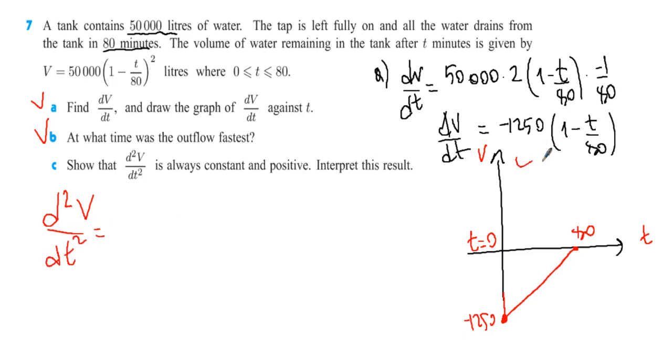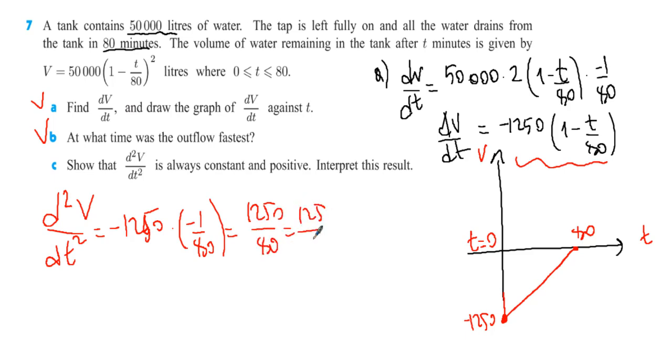If I take the derivative of this one more time, it will be minus 1,250 times the derivative of this one, which is minus 1 by 80. So it will be the division of these two, 125 divided by 8. Can I simplify it more? No. Let's leave it like this.